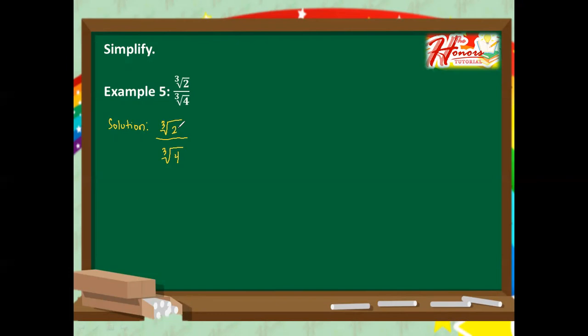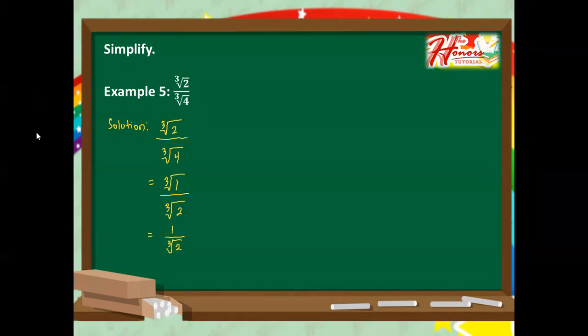Just think of a number that can divide 2 and 4 at the same time without remainder, and that is 2. So now 2 divided by 2 is 1. So it will become cube root of 1 over 4 divided by 2 is 2. So cube root of 2. Let's continue solving. So cube root of 1 is 1 over cube root of 2.